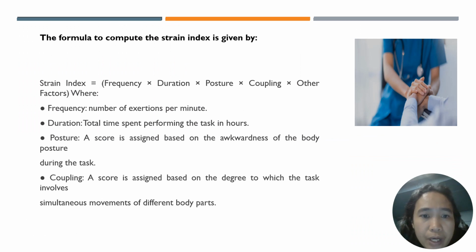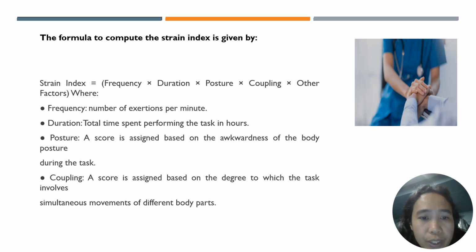The formula to compute the strain index is: strain index equals frequency times duration times posture times coupling times other factors. Frequency is the number of exertions per minute. Duration is the total time spent during the task in hours.